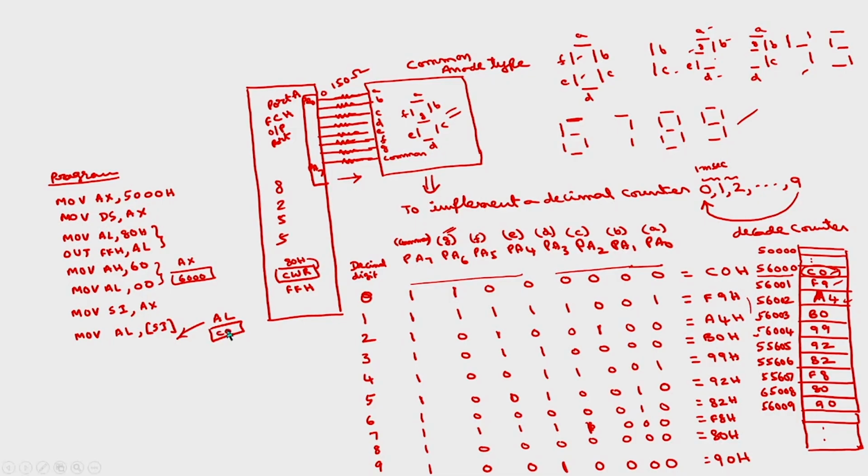So, if I output C0H from here, a 0 will be displayed on the 7 segment display. So, for that what is the instruction? AL is having this one, out, the port A address is FCH comma AL, the contents of AL which is C0H, so that after this instruction a 0 will be displayed on the 7 segment display. Then you call a delay.